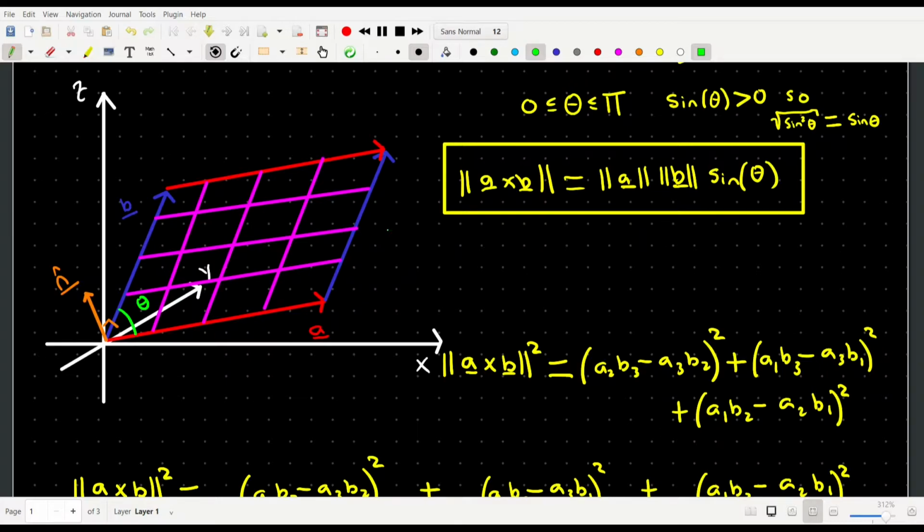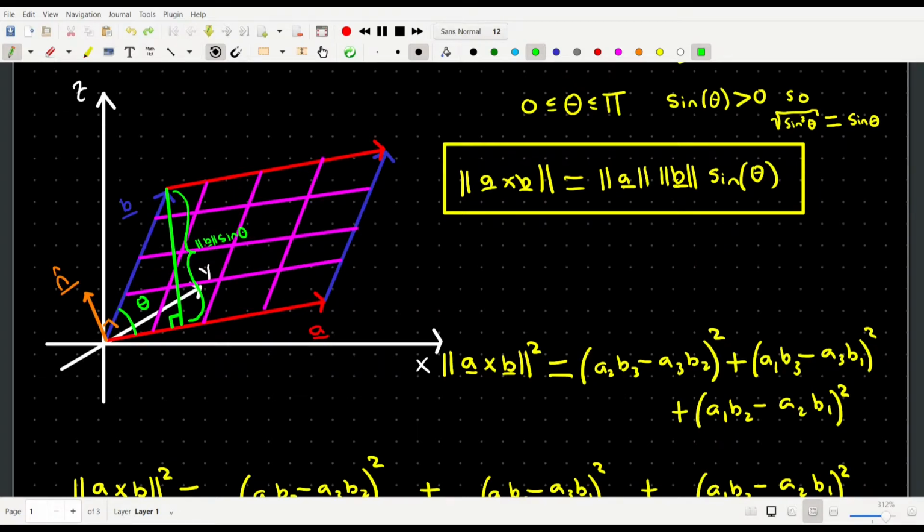Because if you think about what this quantity is, if we draw a straight line from B down to A, the height of this parallelogram is going to be the length of B times sine of theta.